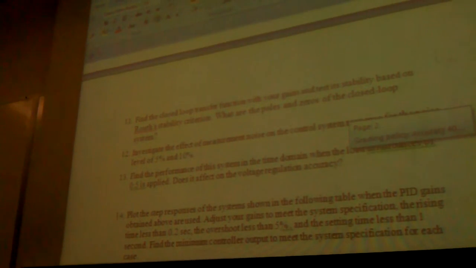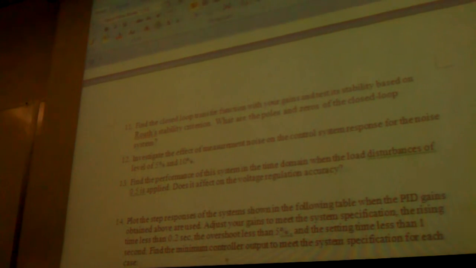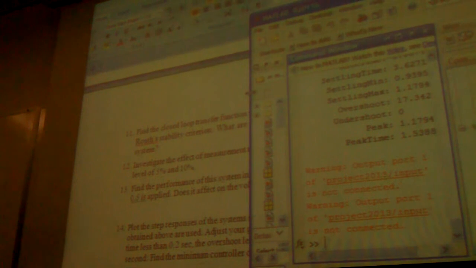And then, what are the poles and zeros of the closed loop? Now you can use MATLAB. As long as you have a system here, you can find them in MATLAB.